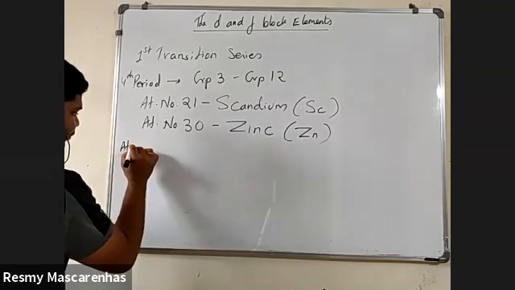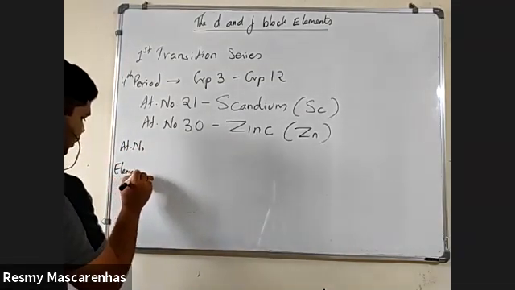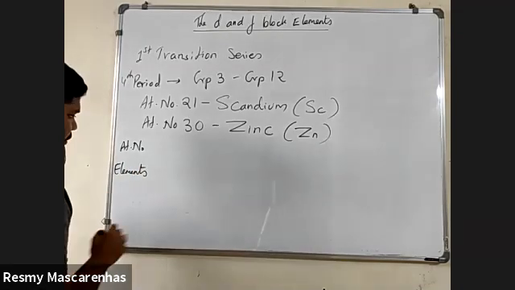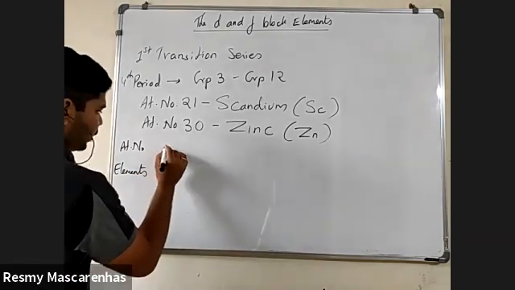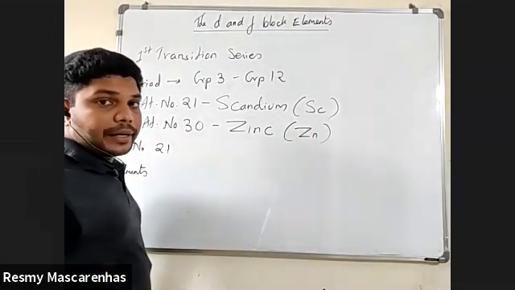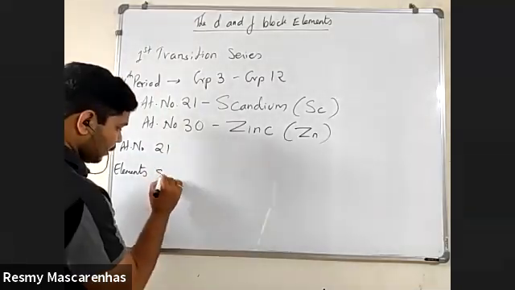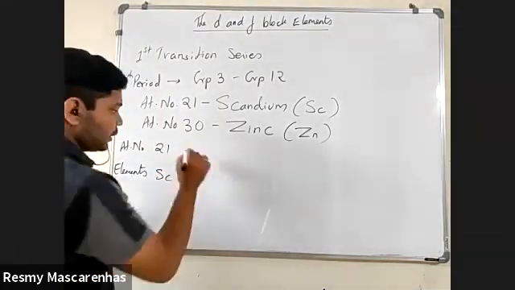Good. Next, atomic number and elements. Everyone should know this. I'm going to write the entire first transition series. Atomic number 21, element is scandium. Please check.